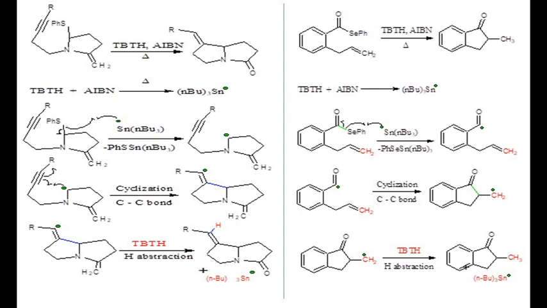The tri-n-butyl tin radical removes the SePh group. The SePh group behaves like a halogen. This tri-n-butyl tin radical removes SePh and generates an organic radical.